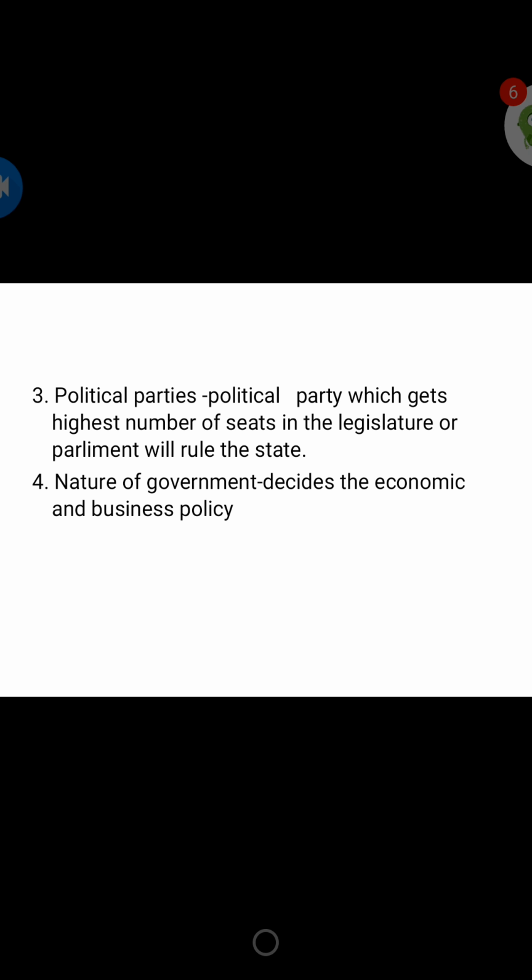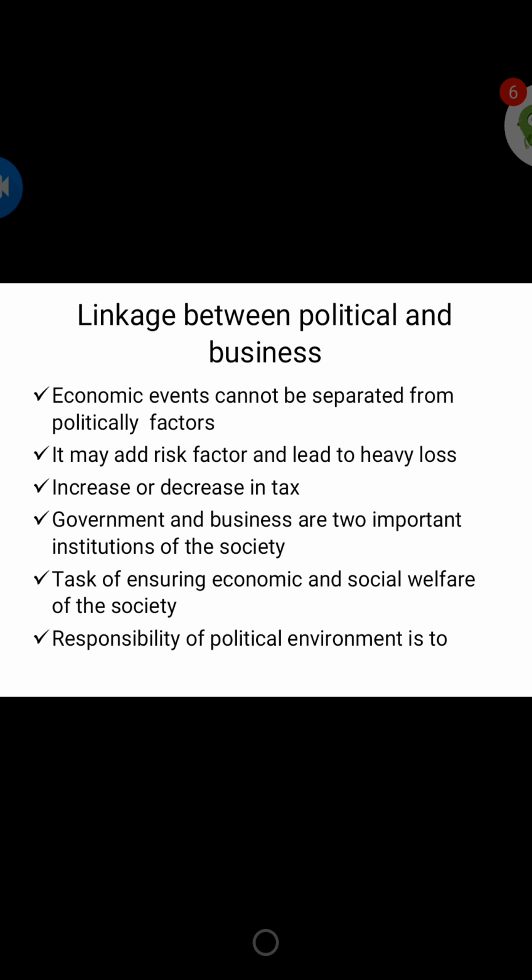The next is linkage between political and business. Economic factors cannot be separated from the political factors. Here, economic means business.